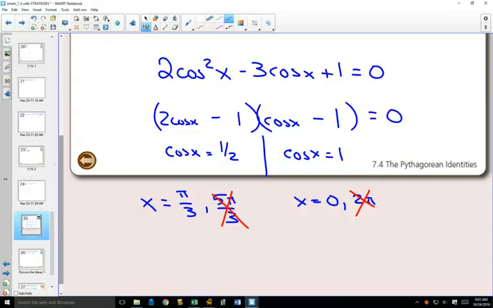Because of our cast rule, cos is a half, cos is positive. And so cos is positive in quadrant 1 and quadrant 4. So then our only answers are pi over 3 and 0. Again, question number 10 will be one for practice.